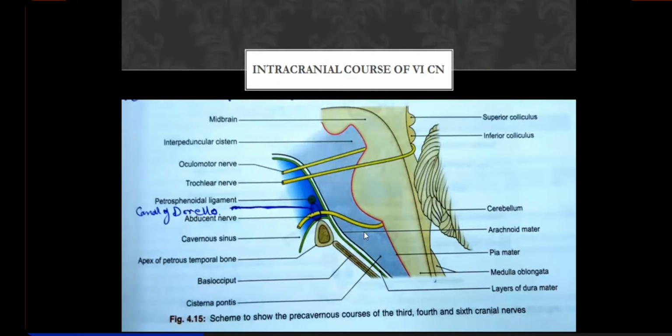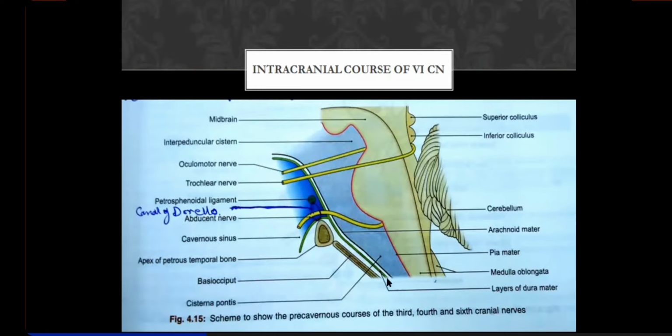So that means you automatically got to know that all this is a content of posterior cranial fossa, and you find that this is basi-occiput, which is obliquely inclined, because on the undersurface you find this surface here is clivus, which is reaching down to the anterior margin of foramen magnum, right? And here you find is apex of petrous temporal bone. And on the upper border of petrous temporal, you find a dural venous sinus called superior petrosal sinus.